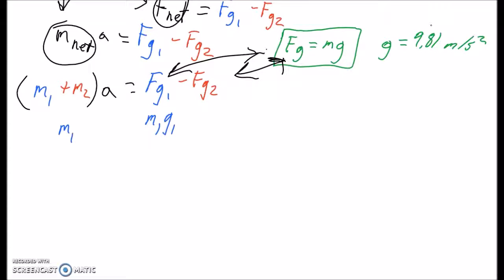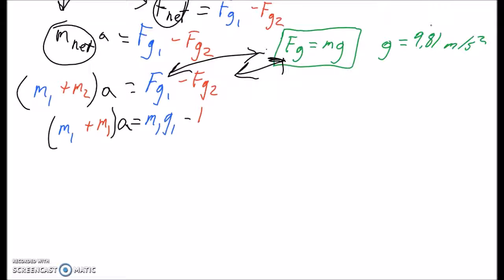I'm going to keep this side the same, actually. Plus, there you go, that side's the same. Oops, sorry, not a there. m1. Okay, there you go. Now that side's the same.